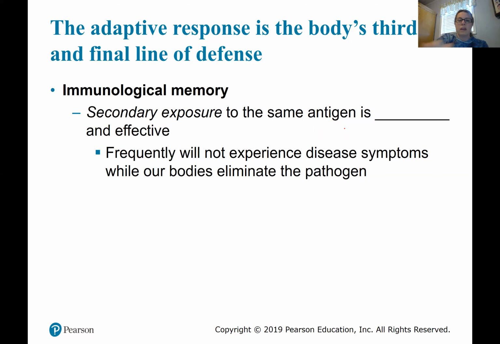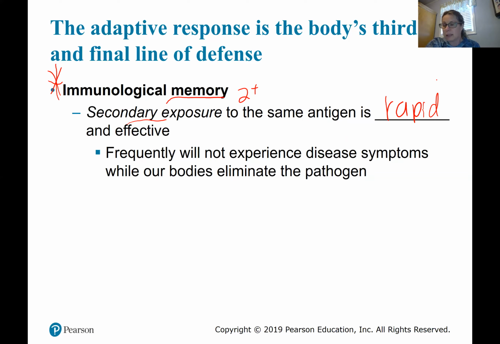So a major advantage of the third line, or adaptive immunity, is going to be that memory. Secondary exposure, or basically 2 or more exposures to the same antigen, is going to cause a rapid and more effective response by the immune system.